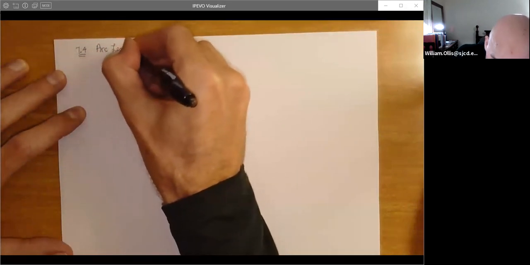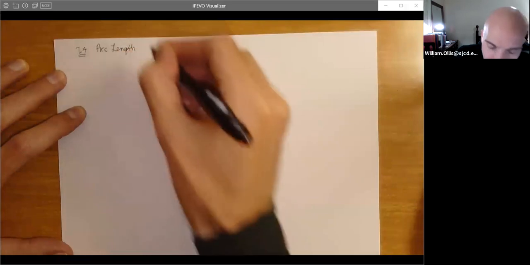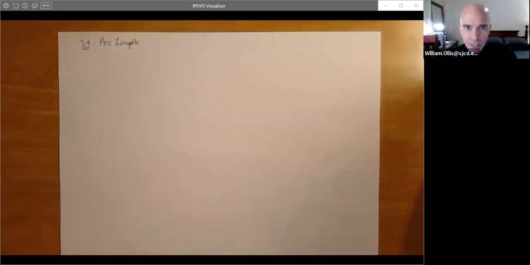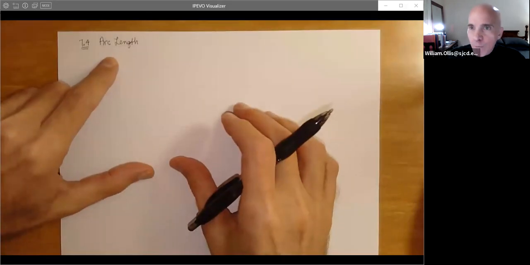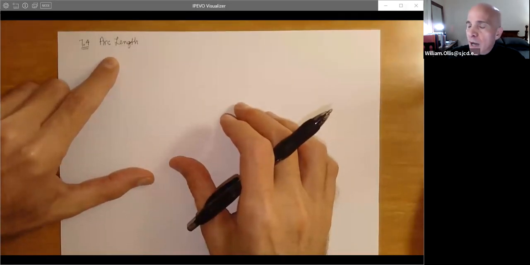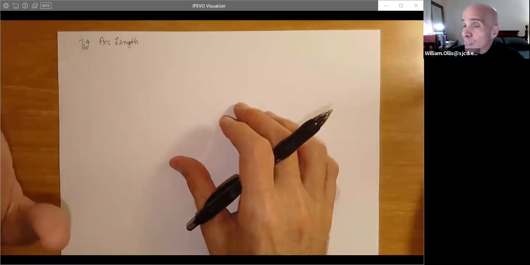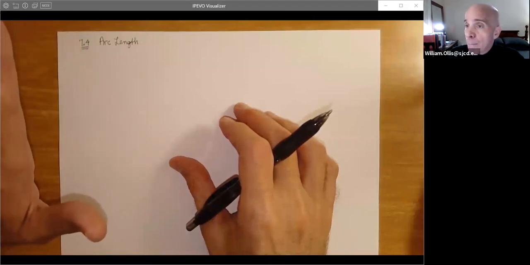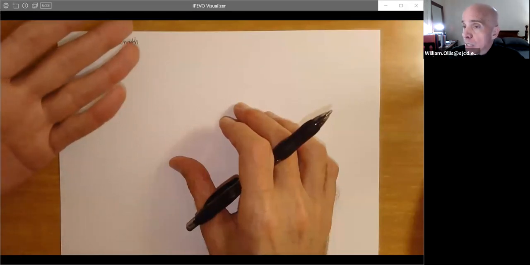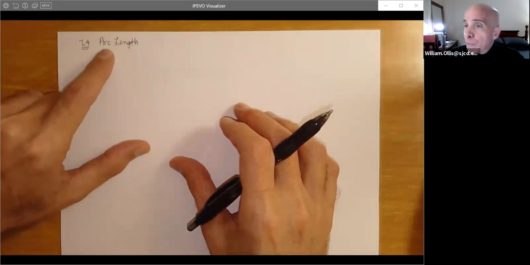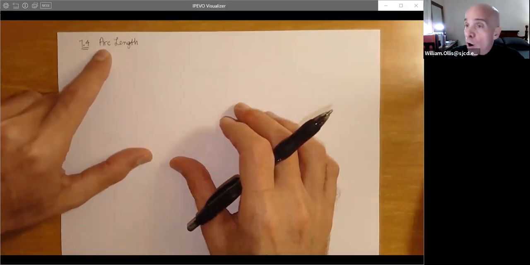Now, instead of saying function length or something like that, let me adjust this a little bit so it's nice and aligned. Instead of saying function length, we think of the function graph as being a curve, or maybe it's not necessarily defining a function because it doesn't pass the definition of function with the vertical line test. So we replace function or curve with arc.